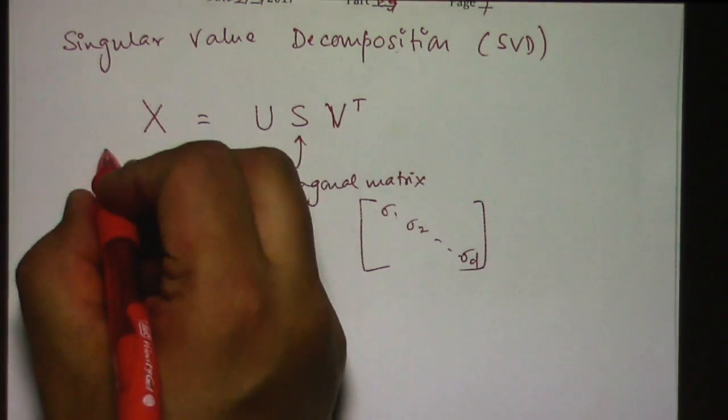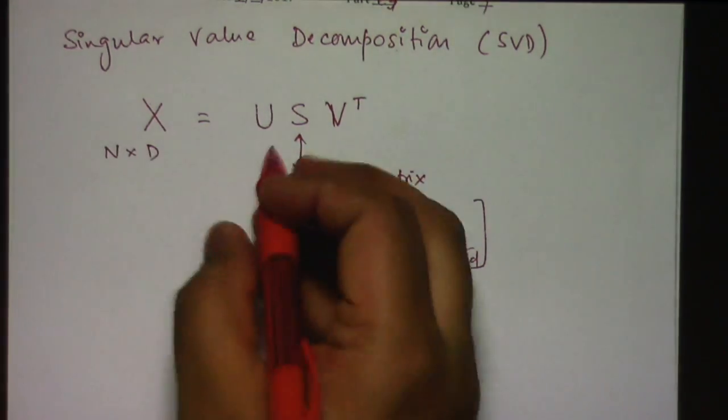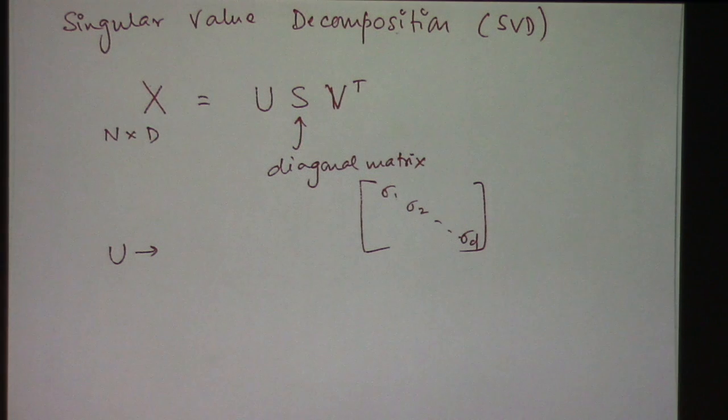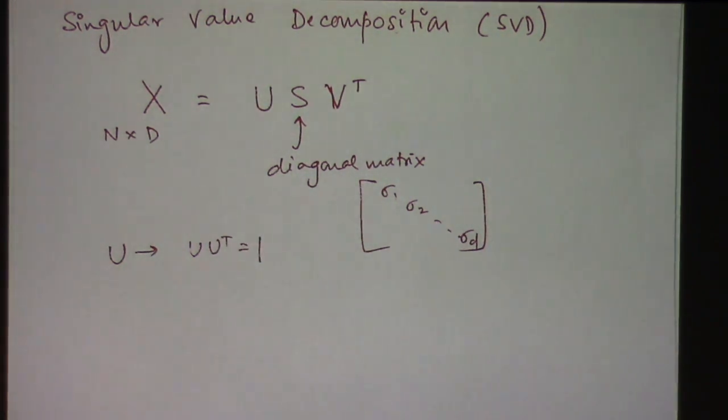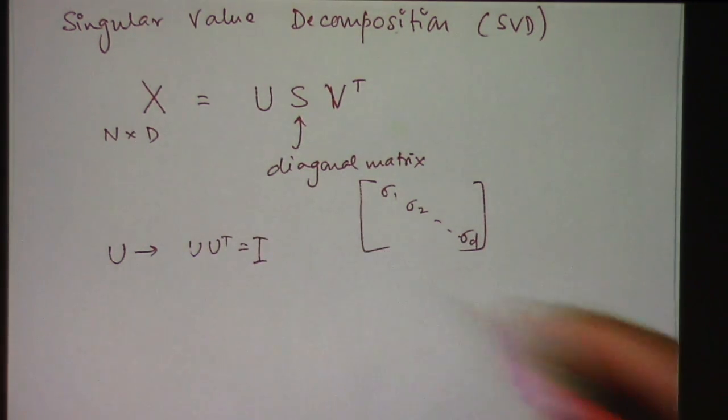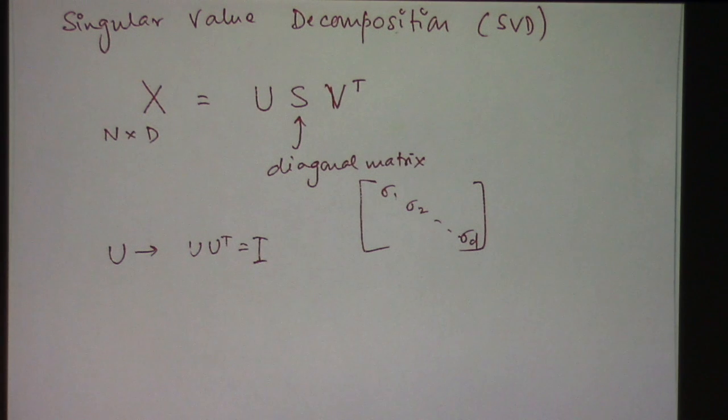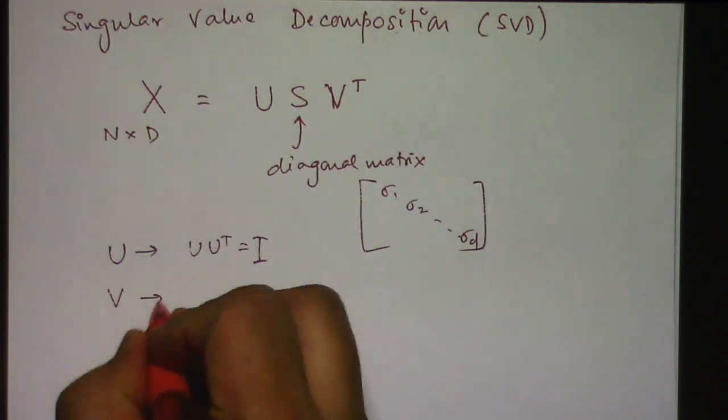So let's say X is n cross D. U is an orthogonal matrix, so essentially U transpose U is the identity. If you take any two columns of U and multiply them, you get a 1. And same thing with V.